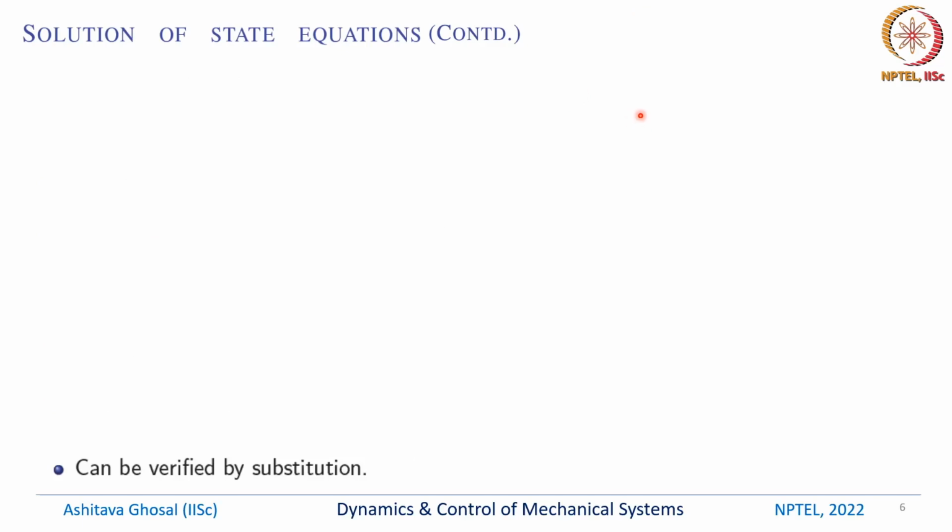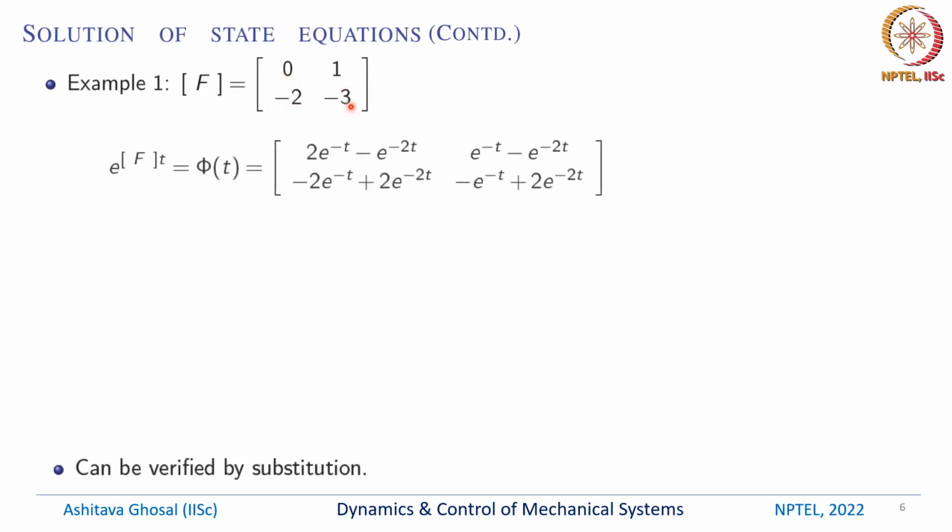So let us take some examples. We'll start with a very basic and simple example. Let's assume that this matrix F has elements 0, 1, minus 2, minus 3. It's a 2 by 2 matrix.